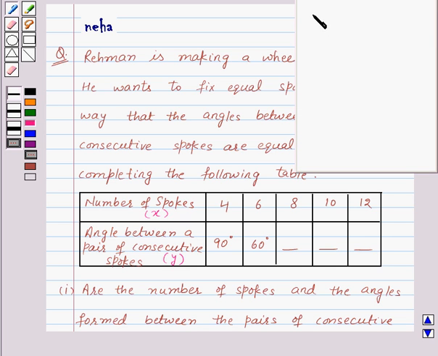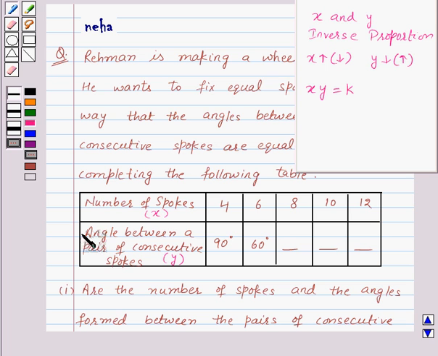Now we know that two quantities x and y are said to be in inverse proportion if an increase or decrease in x is followed by a decrease or increase in y in such a manner that the product of the two quantities x and y remains constant, say k. This means that if x increases, y decreases, and when x decreases, y increases.